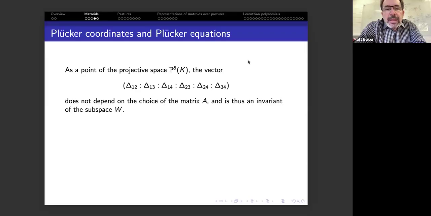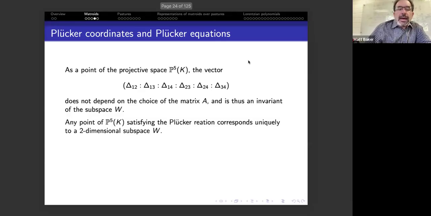So if you multiply some row by a non-zero constant, you scale all of these determinants by the same constant, so you get the same element of projective space. And moreover, if you have a point of P5 which satisfies that Plücker relation from the previous slide, then there's a unique two-dimensional subspace W with those Plücker coordinates.